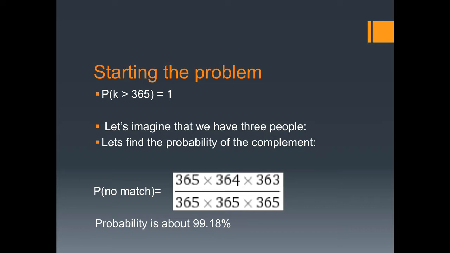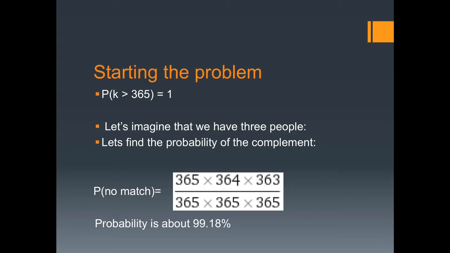And I started off with a simpler case, assuming that k is equal to 3. So in that case, the first person can be born in any of the 365 days of the year. However, for the second person there are only 364 days to be born in order to make sure that they are not born on the same day as the first person.